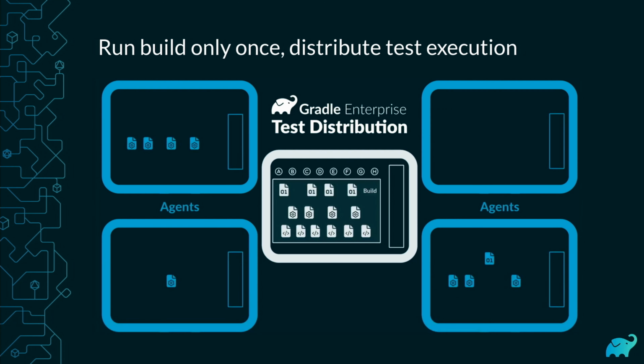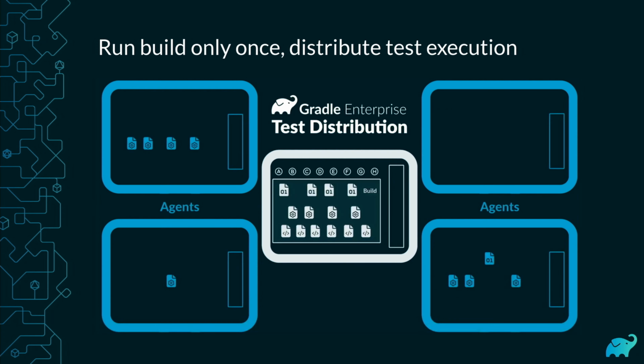All right. What this does is orchestrate the distribution within the Gradle test task or the Maven test execution. And that means that the build is only run once, and we don't need all the overhead of running all the tasks up to the test task before we actually get to the distribution part, which is interesting, right?